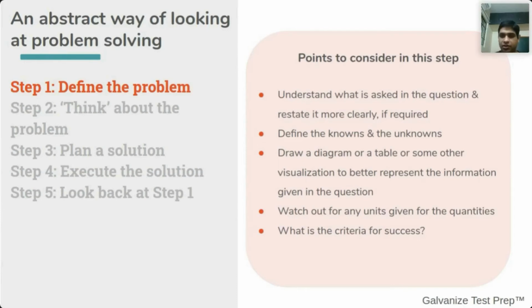This is the criteria for success. Because without this criteria for success, you're not going to be able to look back at step one and see if you have actually succeeded or not, right? So make sure you call out this criteria for success. Okay, so that's the first step, to define the problem.